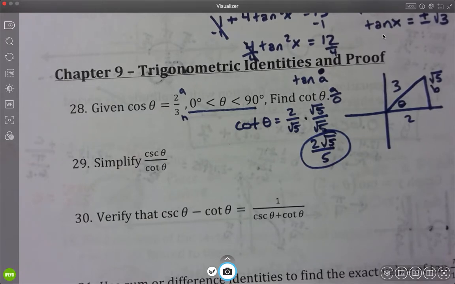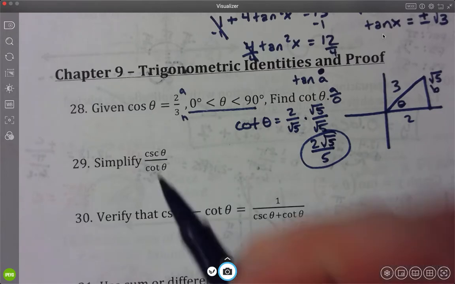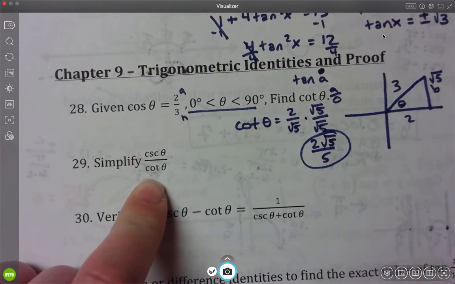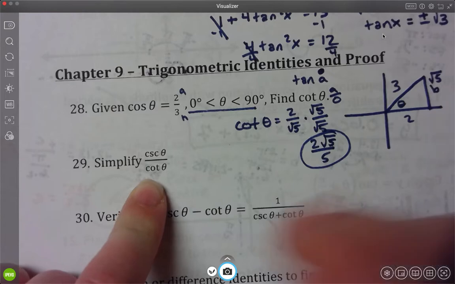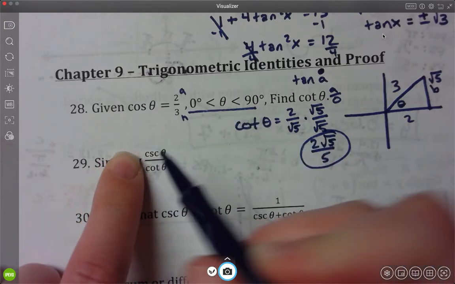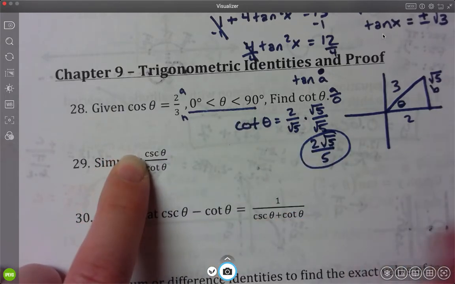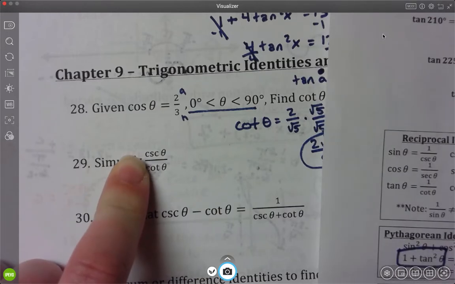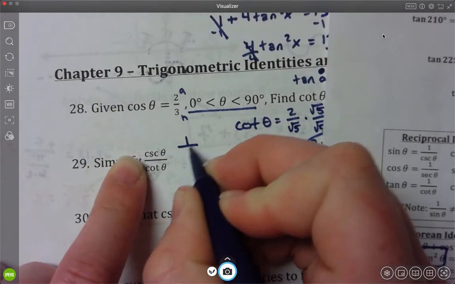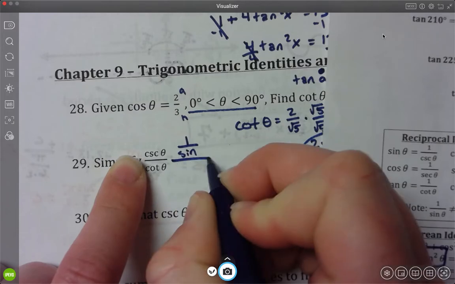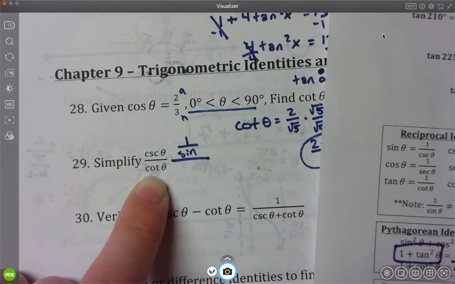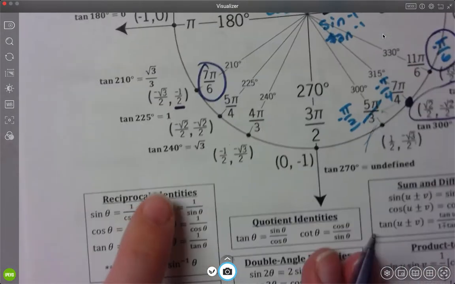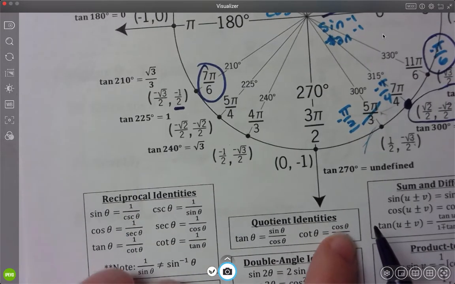Okay, simplify, 29. We've got a lot of weird trig functions going on here, and if I ever don't know where to start, I always switch these back to sines and cosines. So cosecant, a way of writing cosecant, is 1 over sine, on the top. Cotangent, if I look at my unit circle here, is cosine over sine.